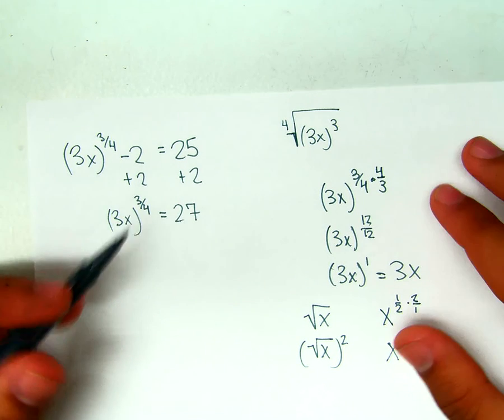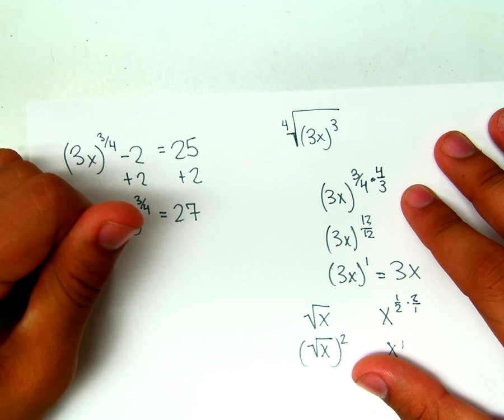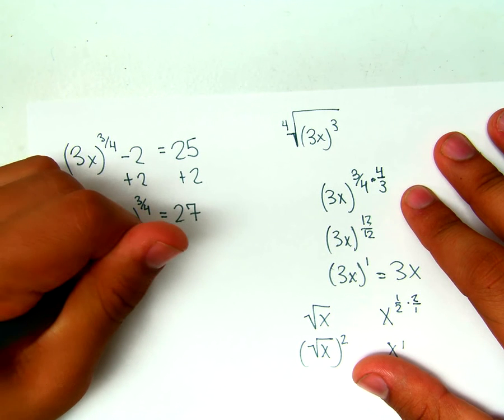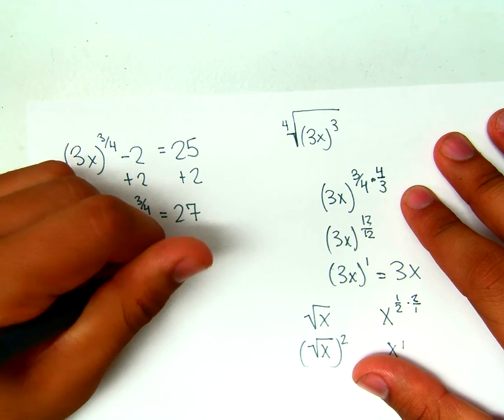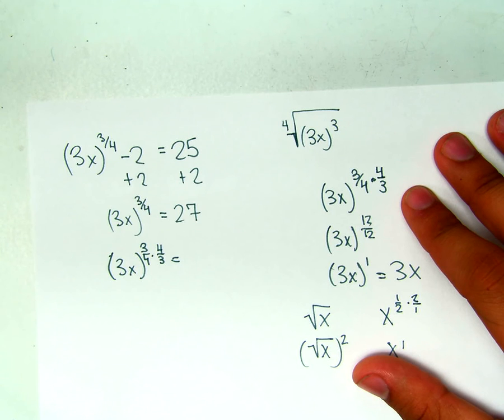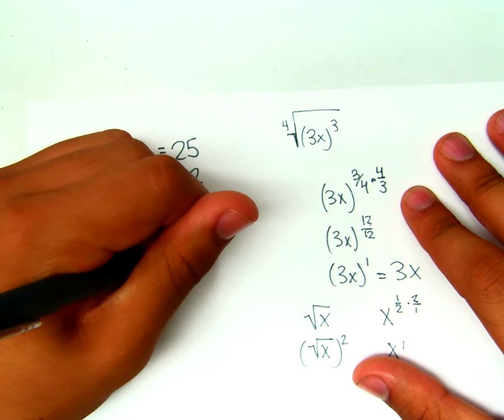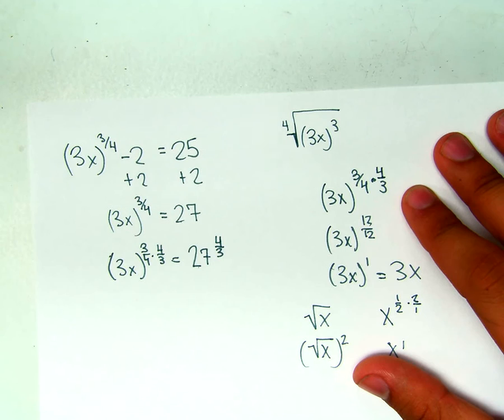So here, if we were to do this, we'll raise it. And what you do to one side, you have to do to the other. So now this 27 is raised to 4/3.